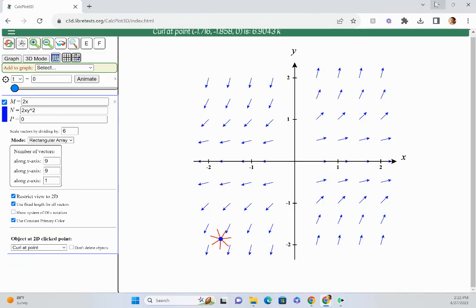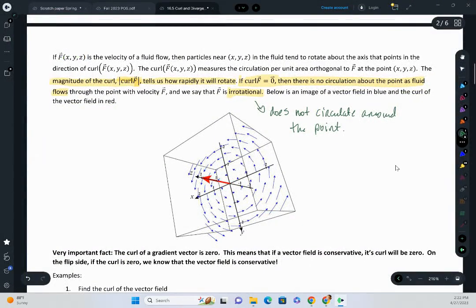All right, so that's my demonstration on curl, so you can get a visual of what is going on. Now remember that when you calculate a cross product, you have a right-hand rule thing. So if you have A cross B, you use your fingers and your thumb is pointing in the direction of the curl.